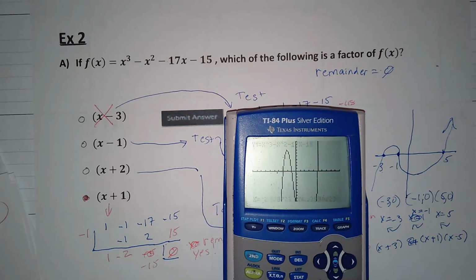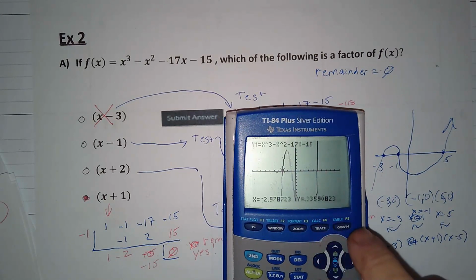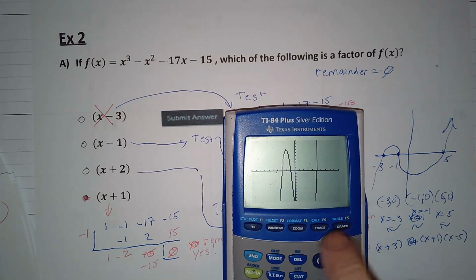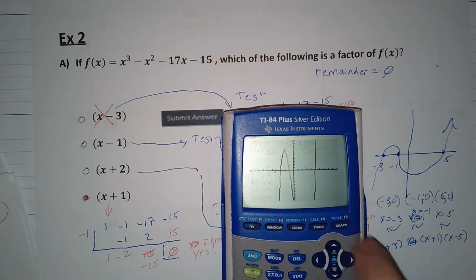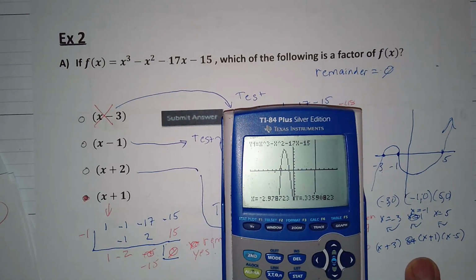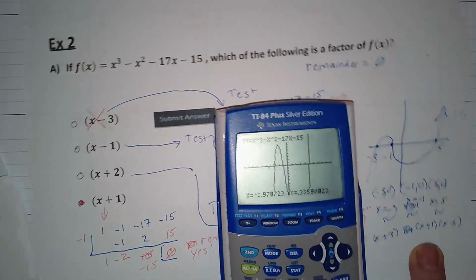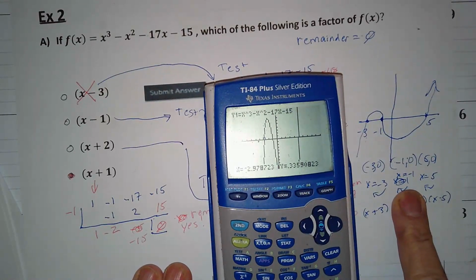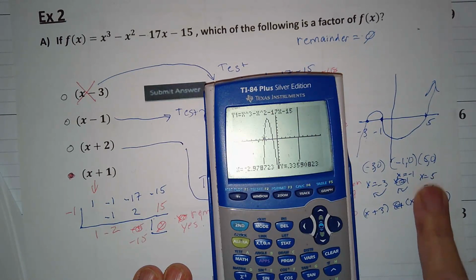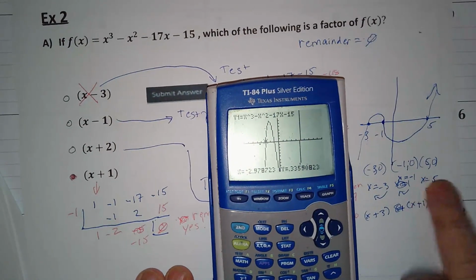I may have to go back and redo this. It's going to make me clear out the graph to do this. But you could do this for the rest of these. Make x equal negative 1, and you will get a solution at negative 1 and 0. Then x equals 5, you'll get a solution at 5 and 0 when you trace on this.